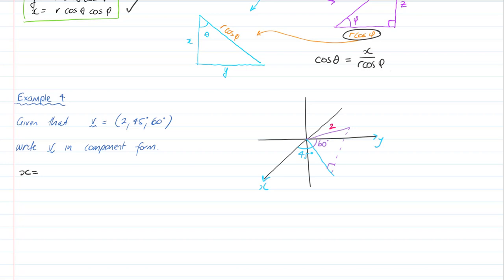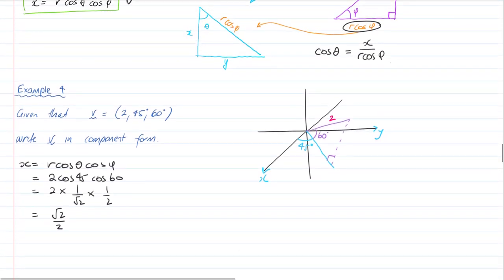X is equal to R cos theta cos phi, which is equal to 2 cos 45 cos 60, which is equal to 2 times 1 on root 2 times 1 on 2. And so that's equal to root 2 on 2. I've just rationalised it there.